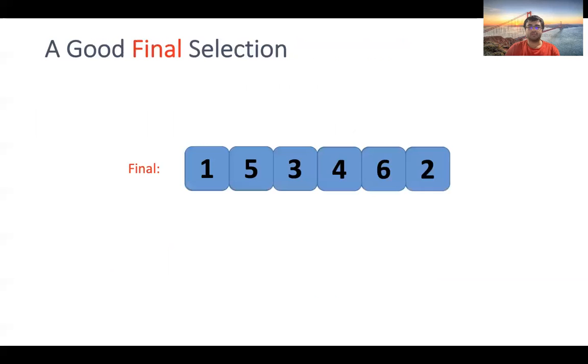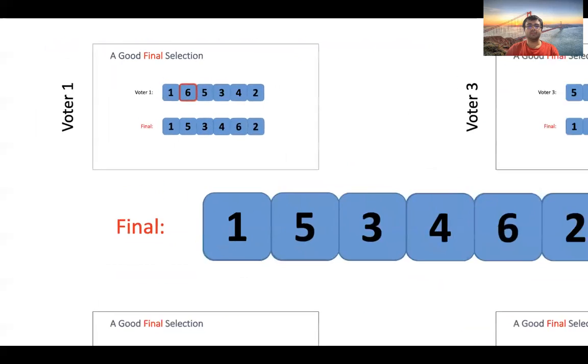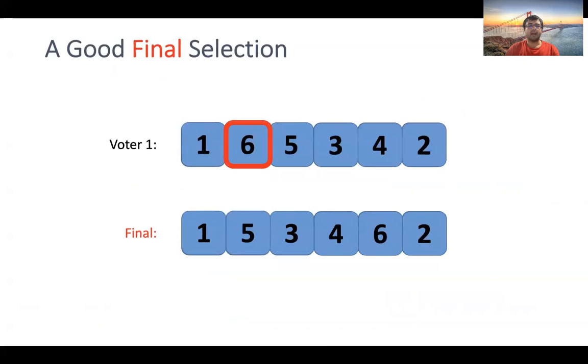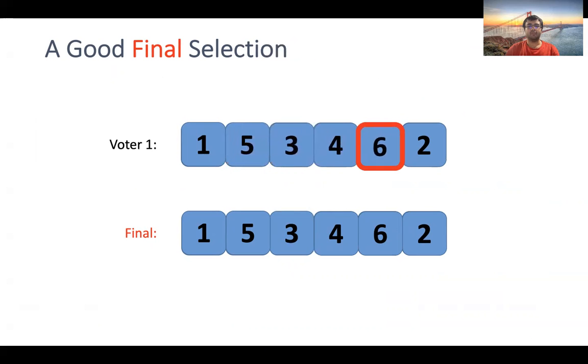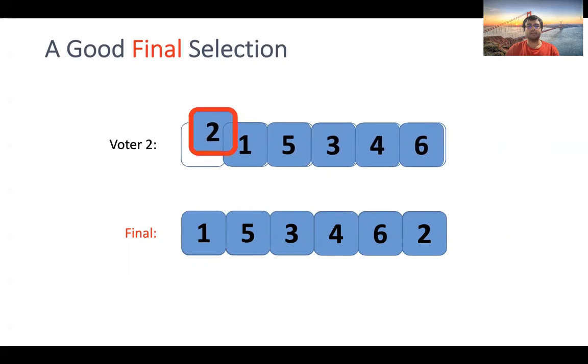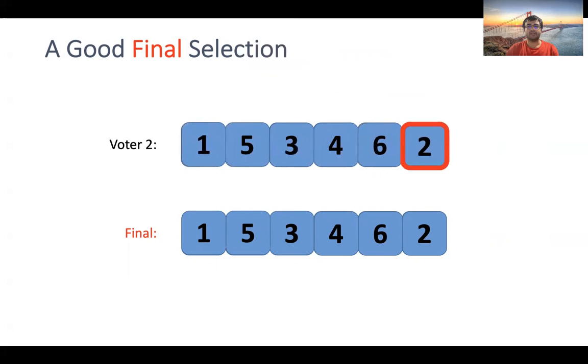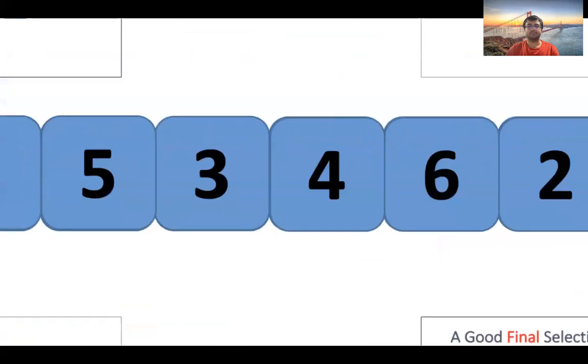Let's look at a smarter solution. For this particular solution, voter 1 has to make 1 change, so they are slightly more dissatisfied now. In particular, they have to move candidate 6 to roughly the bottom. But voter 2 is much happier since they also have to make only one change instead of the two they were making earlier.